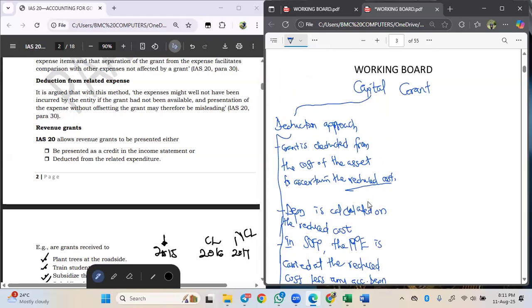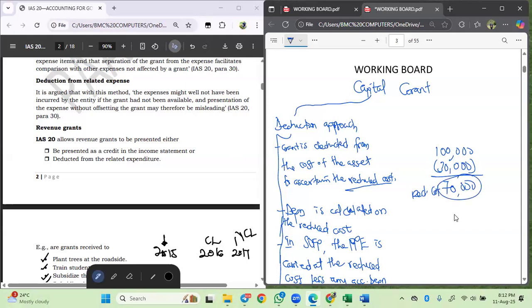So the deduction approach, first of all, you get a question. Maybe the cost of the asset is say 100,000, and government will give you the grant, say 40% or maybe any amount, say 30,000. You subtract the grant from the cost of the asset to get the reduced cost of what? 70,000. So this 70,000 is what we term as reduced cost.